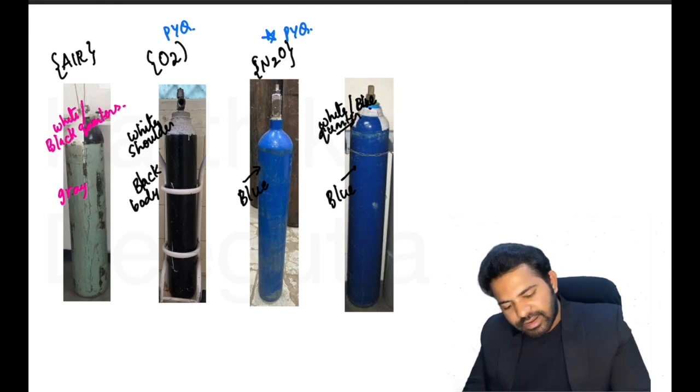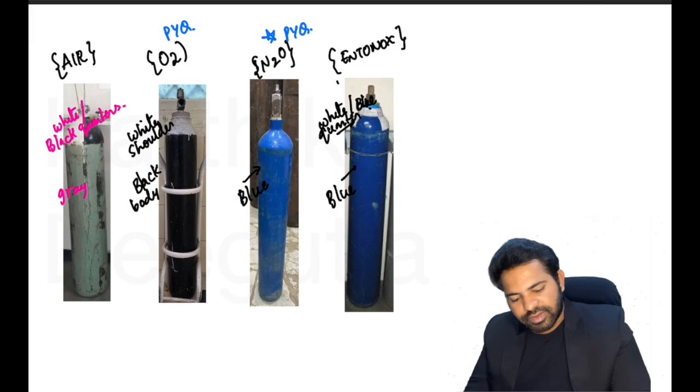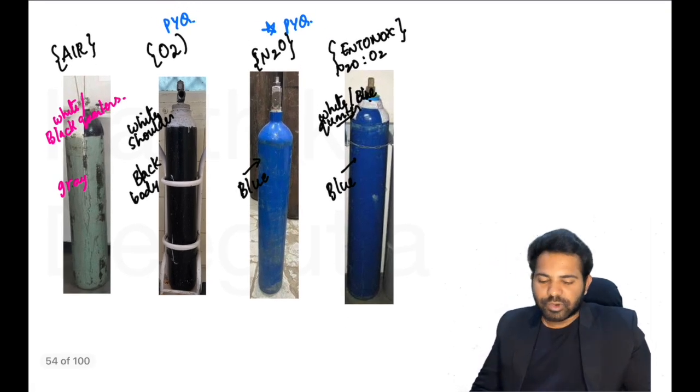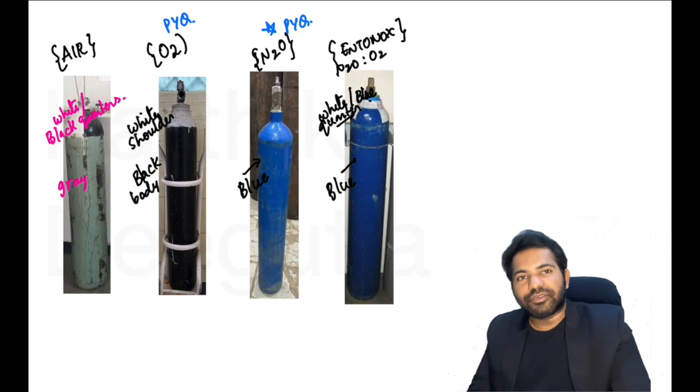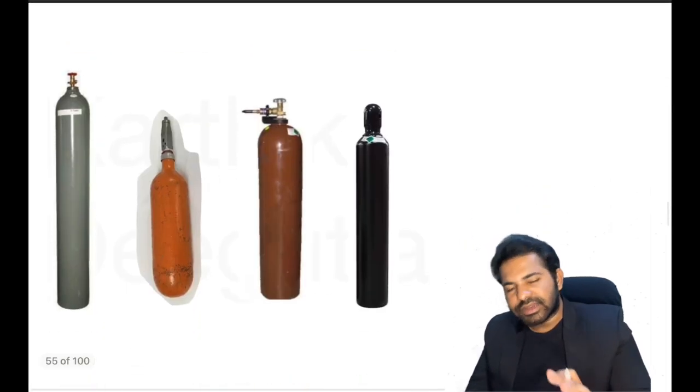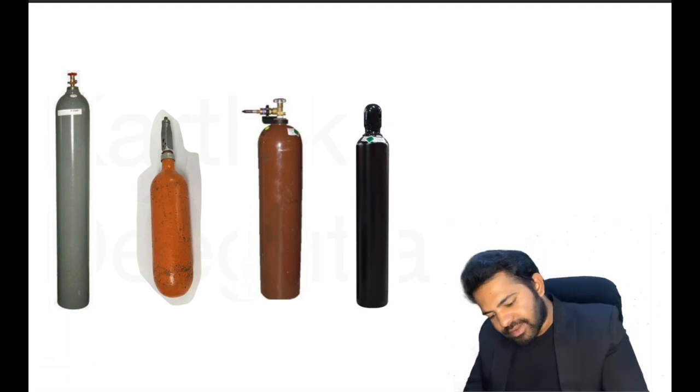So this is a cylinder of something called Entonox. Entonox is a mixture of nitrous oxide and oxygen. Alright. These four cylinders are the most important for color coding for your examination purpose. Let us know other cylinders also, just identify these cylinders.